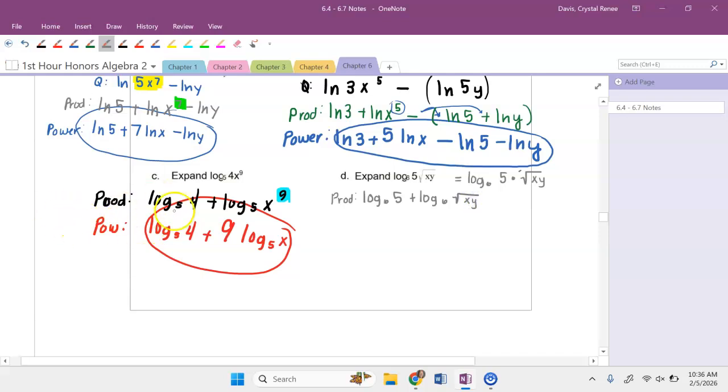Now I need to really work on this square root of xy. So I can just rewrite this using exponents. So log base 6 of, this is the same thing as xy to the 1/2 power.